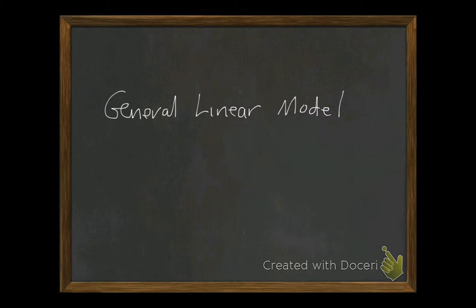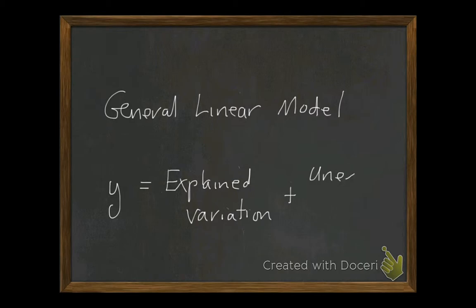In the end, a general linear model is just really saying that we have certain variation that we can explain plus certain unexplained variation. Well, pretend I spelled unexplained over here correctly.